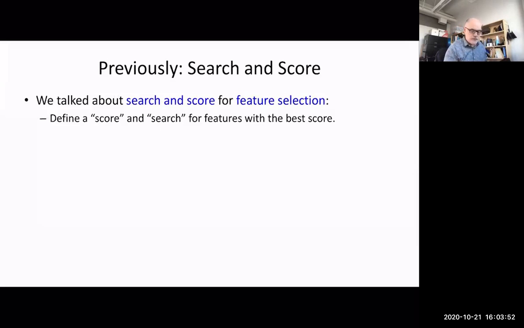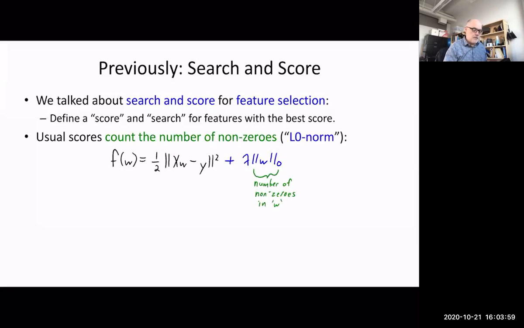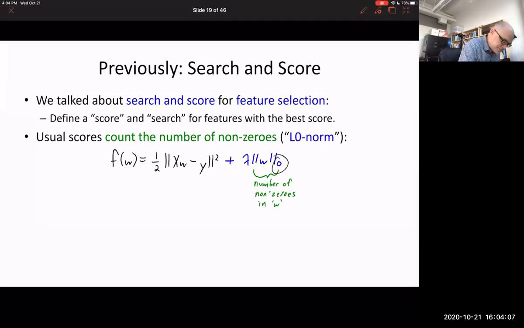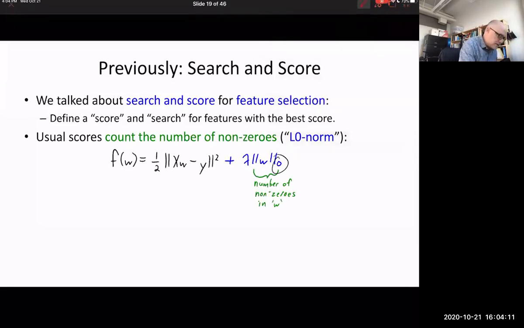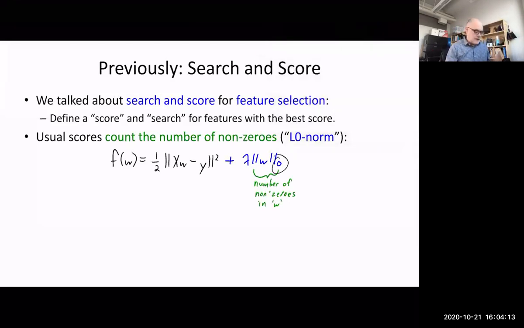Previously in the course, we talked about search and score for feature selection, where we find some sort of score function and then search for features with the best score. We did this using the L0 norm, which counts the number of non-zero entries in our parameter vector.